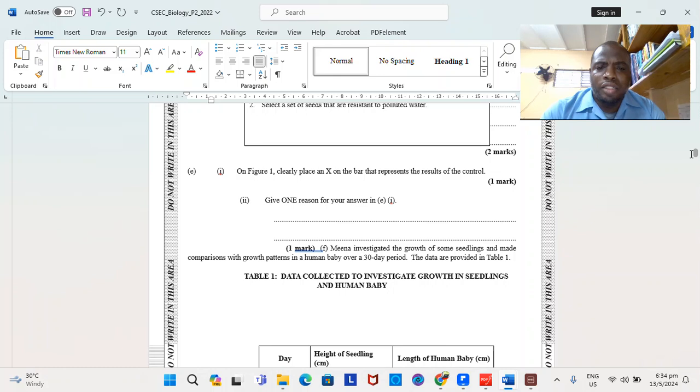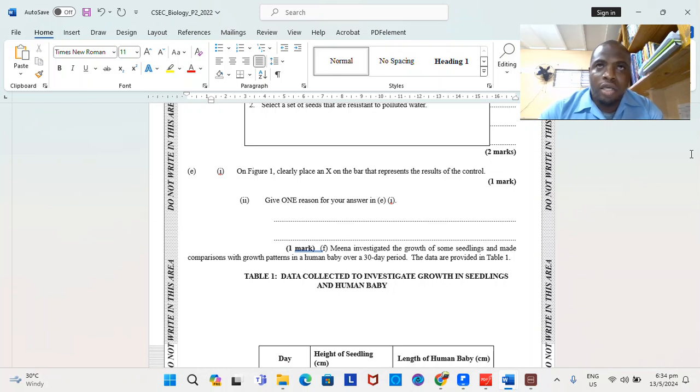Now, let's talk a little bit about it. We know there are some variables when we're doing an experiment. We have the control, we have the manipulated, and we have the responding. Before I go to the control, we know the manipulated variable would have been the different concentration of the polluted water. That's what they're manipulating in the experiment.